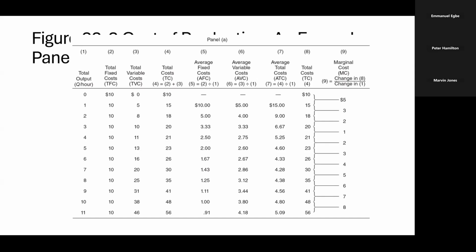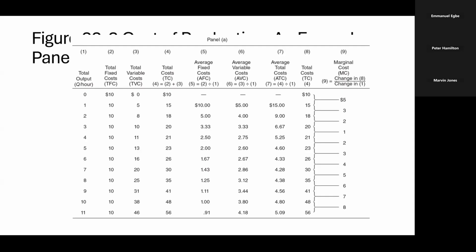And so in analyzing costs, you have average costs, you have marginal costs, and you have total cost. Now, total cost is the total cost of production, and marginal cost is the additional cost of making one unit of additional input.